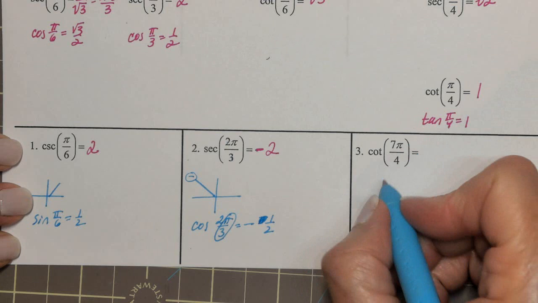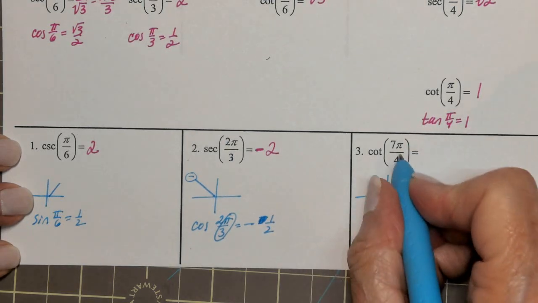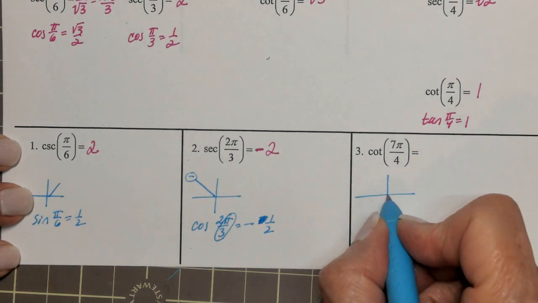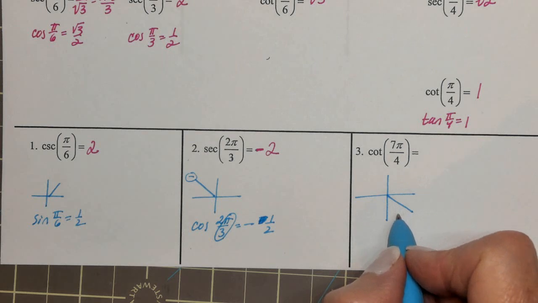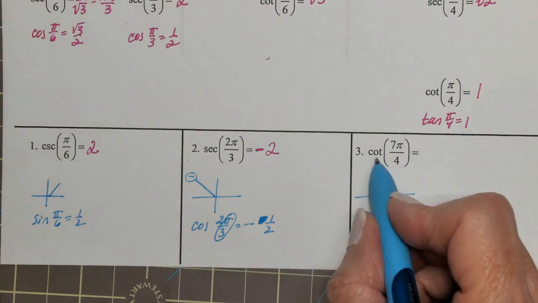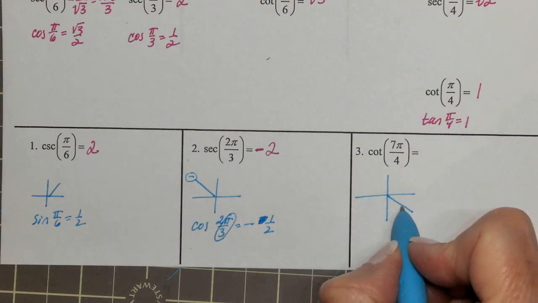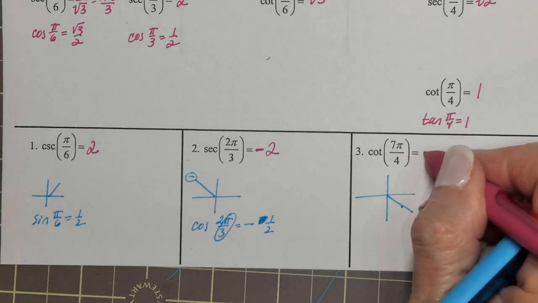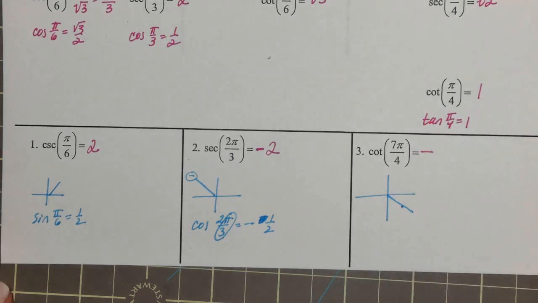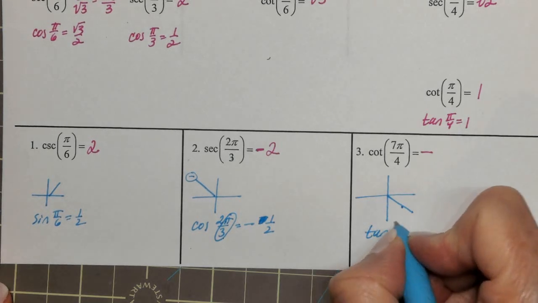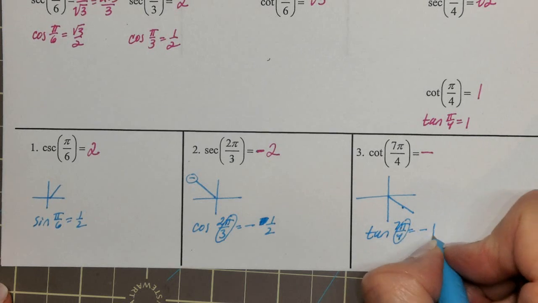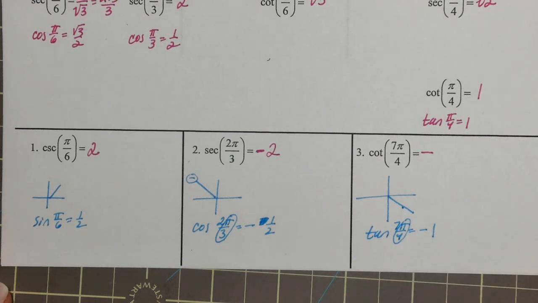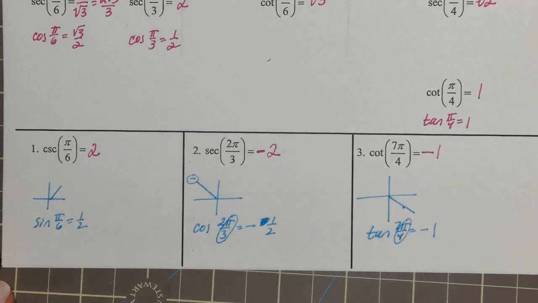Cotangent of 7 pi over 4. 7 pi over 4 is in quadrant 4, 1 less than 8. So 8 pi over 4. Alrighty, quadrant 4, where tangent is negative. So this is going to be a negative. And tangent of 7 pi over 4 is negative 1. The flip of negative 1 is negative 1.